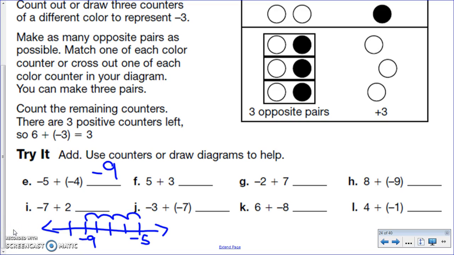For F, we have 5 plus 3, and we know that's just 8 because both numbers are positive. We can just add. For G, we're going to use the counter method again. So we're going to practice using both methods. So we're going to draw out 7 positives and then 2 negatives and make them in pairs.